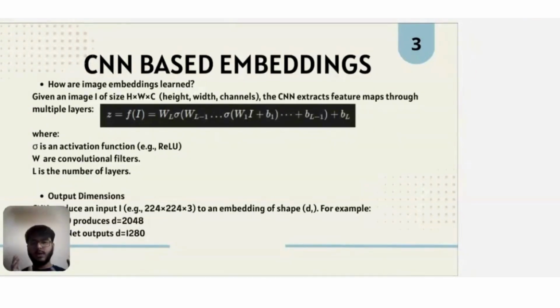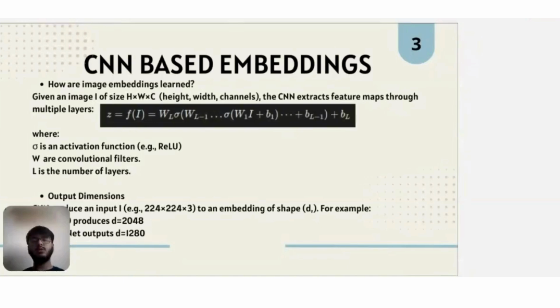Now, whatever output we get, we pass it through a nonlinear activation. It can be a ReLU activation, or as simple as a sigmoid activation. Whatever output we get gives us an activation map for one particular convolutional layer. Now, we do this across many layers from 1 to L. Whatever output we get now is an activation map.